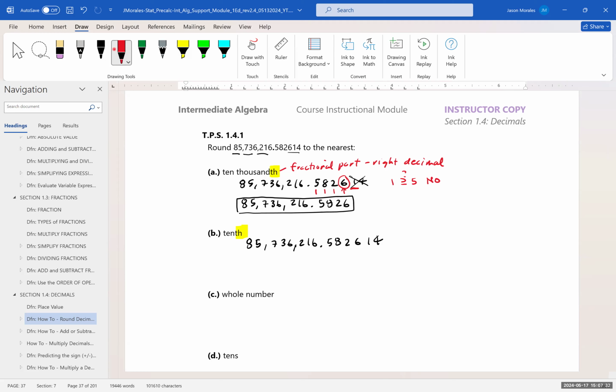And it turns out the tenths place is the first one to the right of the decimal. So underline the digit to the right of it and ask, is 8 greater than or equal to 5? And it is. So that means we're going to round up our 10th place digit. So we're going to write this down as 85,736,216.6. And the rest of these are now rounded off.